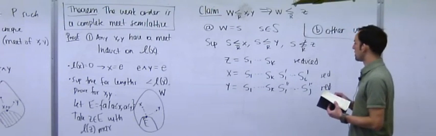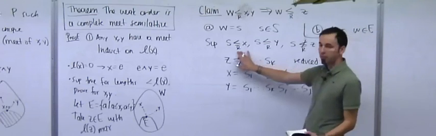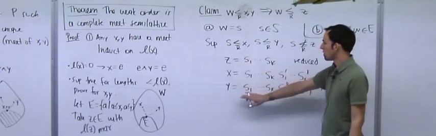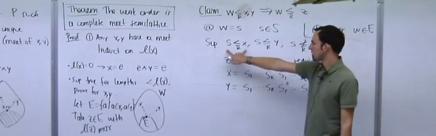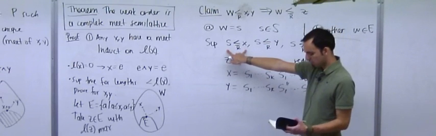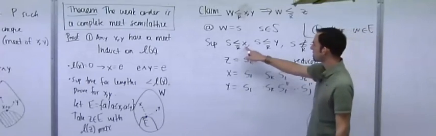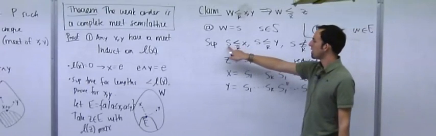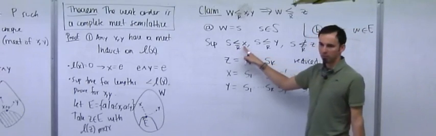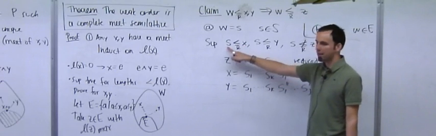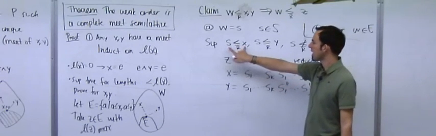But now let's actually use these properties. For example, what does this say? s is less than or equal to x. Well, what that means, remember, is that s can be thought of as a prefix for x. Now, s is a single letter, so all this is saying is that x can be written as starting with s.